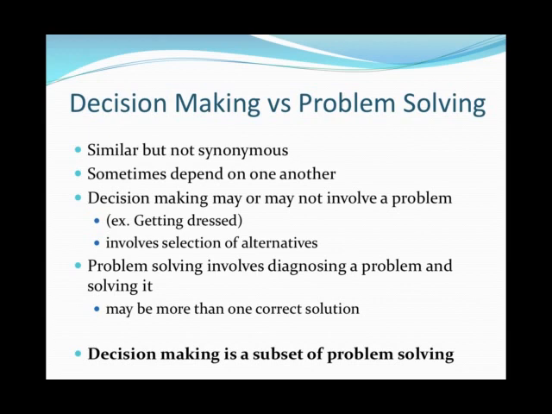They might both be correct, but the whole process of diagnosing the person with asthma and then giving them treatment, that whole part is problem solving. But within that, you're making a decision. So really, decision making is a subset of problem solving. You have this problem you want to solve, but as part of solving that problem, you need to make some decisions.